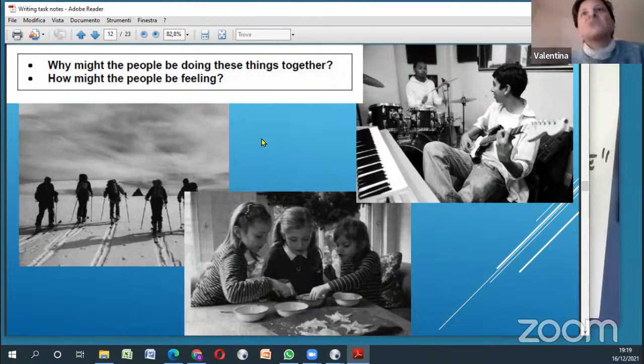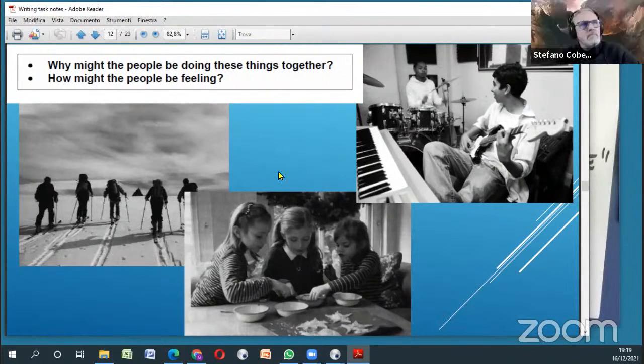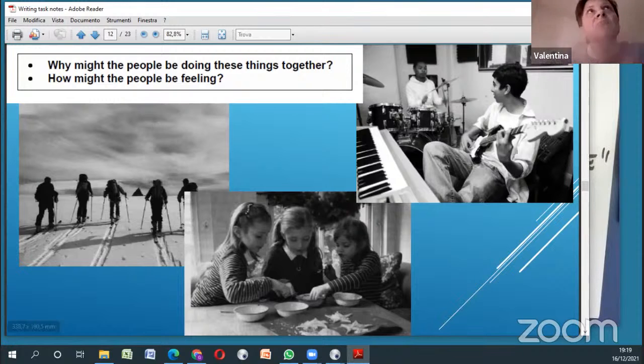Otherwise, it would be like a solo, in music as well as in cooking and everything. And how I think they would feel: more satisfied and happier. I mean, something to remember together, something that you built together, that you made together.